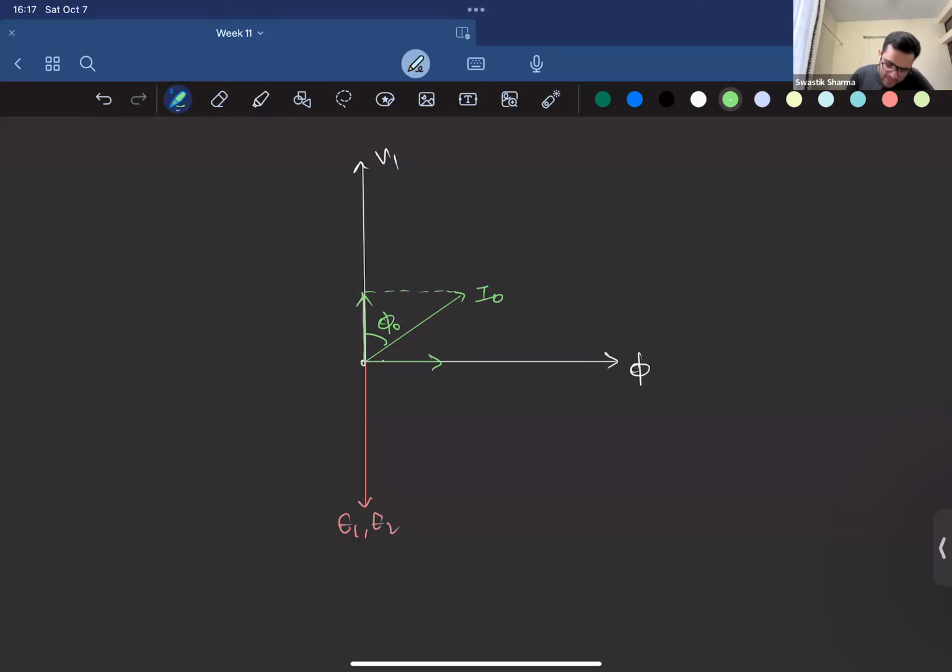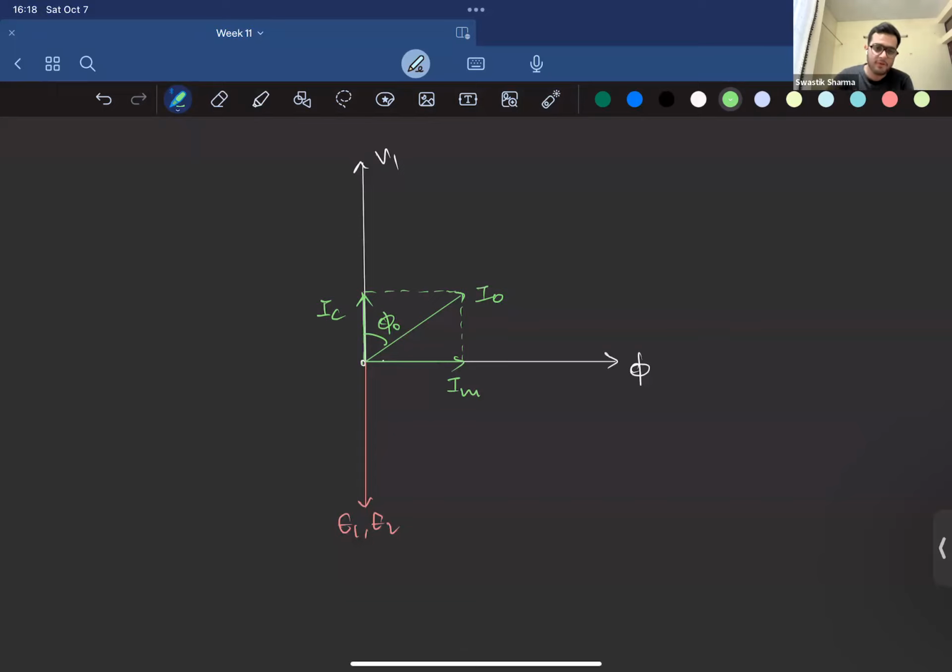the y-axis component of I naught is called IC, and the x-axis component of I naught is called the magnetizing current.